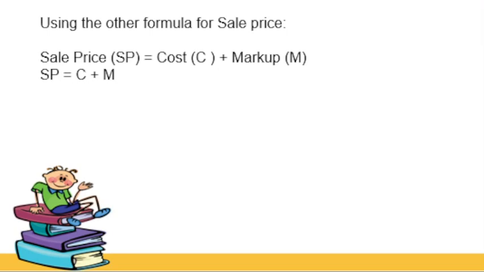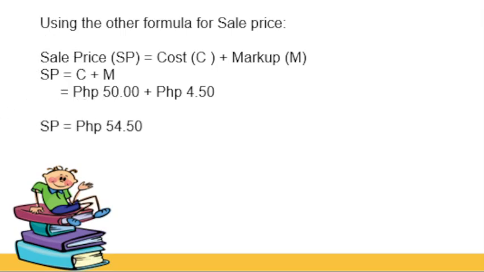So that is equals to 50 plus 4 pesos and 50. So that is 54 pesos. So the selling price is 54 pesos and 50 cents. Not bad, because you just added 4 pesos and 50 cents because you bought that for 50 pesos.